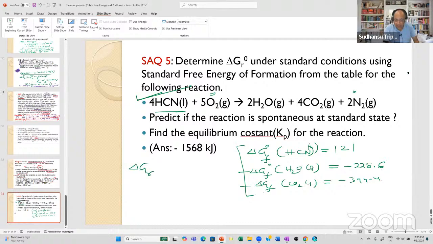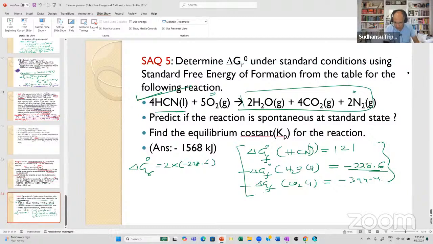So the standard free energy change of the reaction, R stands for reaction, is equal to right minus left. So 2 into water, minus 228.6 because there are 2 moles and these are per mole basis, plus 4 into carbon dioxide, minus 394.4, plus 0 for N2.